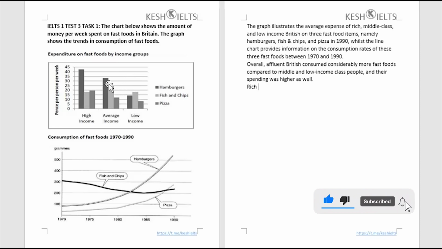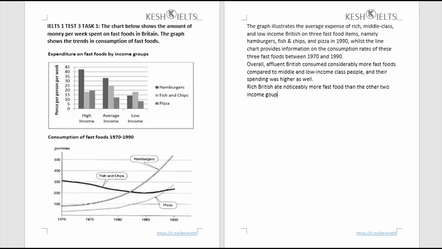Okay, so this kind of stuff, high income family, rich British, ate noticeably more fast food than the other two income groups in 1990.